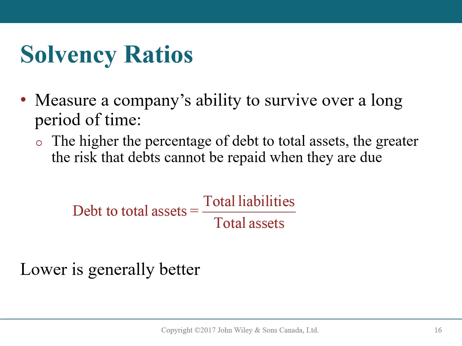Solvency ratios measure a company's ability to survive over a long period of time. The higher the percentage of debt to total assets, the greater the risk that debts cannot be repaid when they are due.